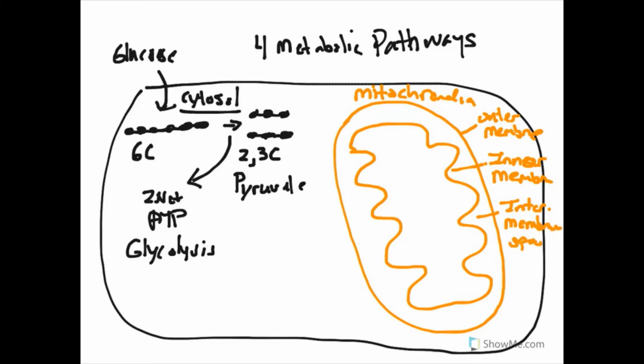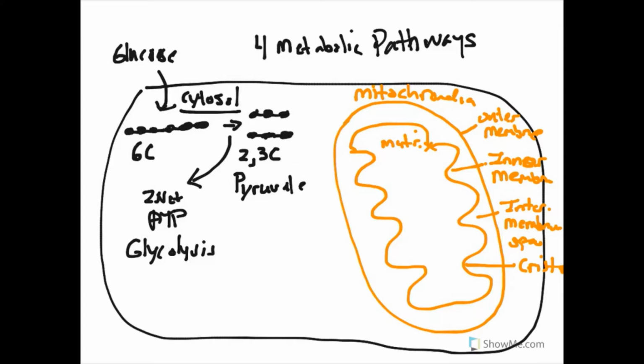And there is a matrix. Also remind yourselves that the folds of the inner membrane are referred to as the cristae. I'll talk more about that later on in another video, of course.